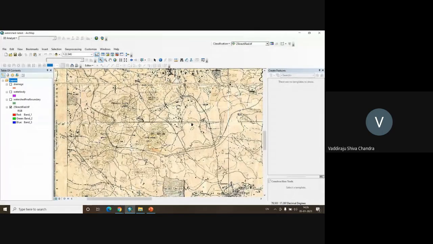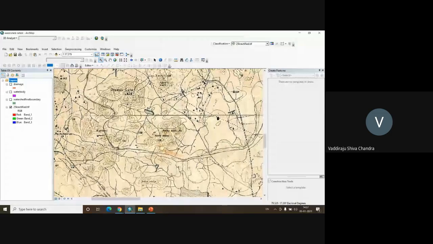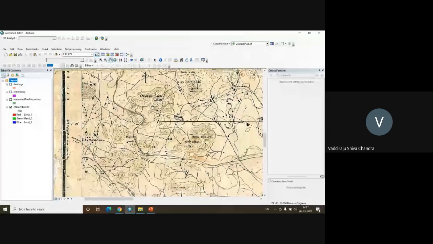If you are able to see here, are you able to see any brown colored images? All of you, please look at the screen and tell me. Are you able to see any brown colored lines? Yes, sir. In addition to those brown colored lines, are you able to see any numericals?